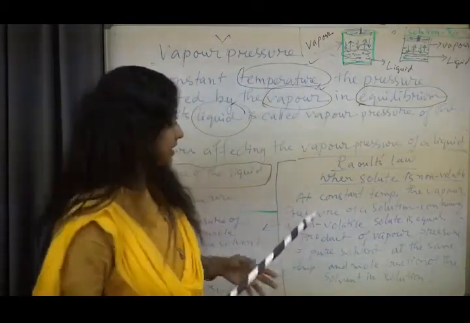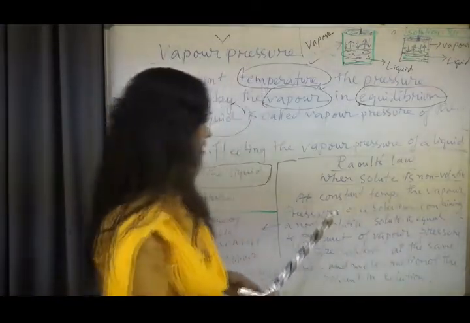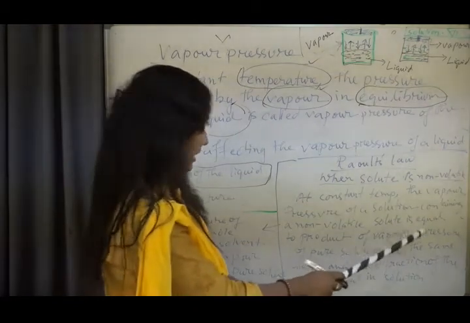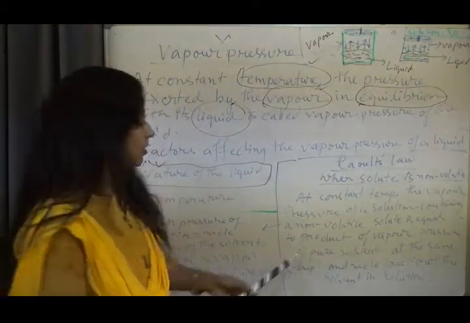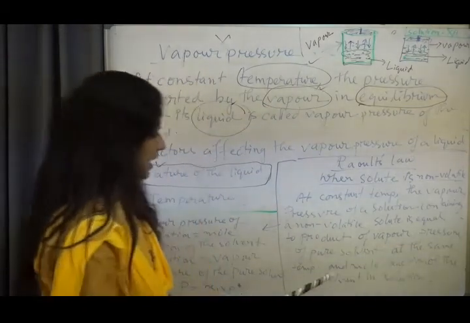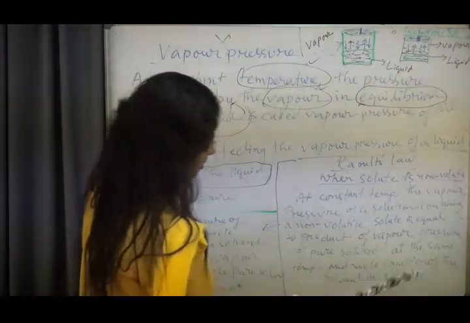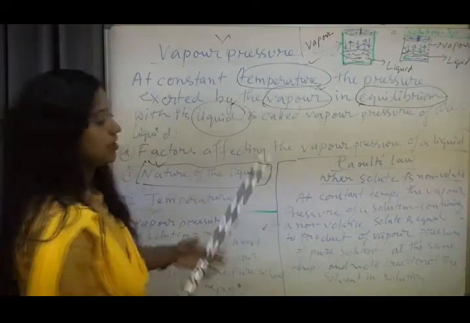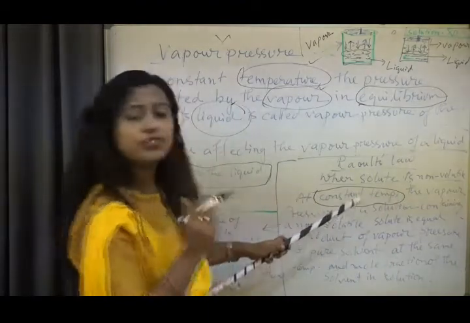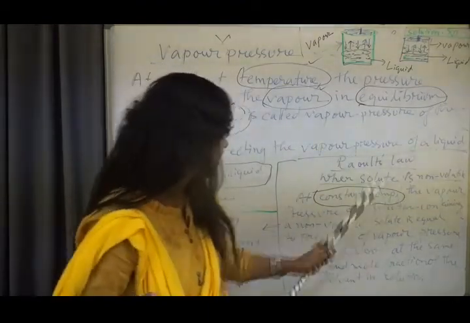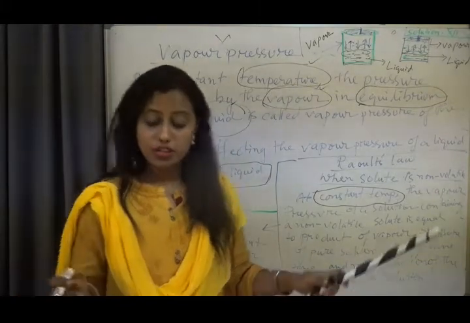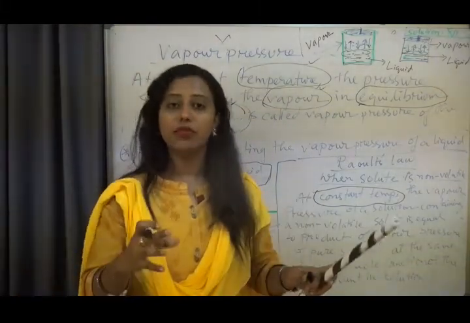This law states that at constant temperature, the vapor pressure of a solution containing a non-volatile solute is equal to the product of the vapor pressure of the pure solvent at the same temperature and the mole fraction of the solvent in the solution. So again the term constant temperature is coming. Here the solute is non-volatile.